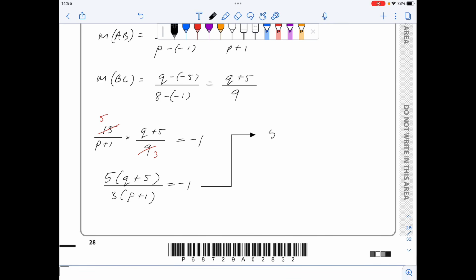Cross multiply, so 5Q plus 5 is equal to minus 3(P plus 1). Let's expand. 5Q plus 25 is equal to minus 3P minus 3. I'll take P and Q on the same side, so 3P plus 5Q is equal to minus 28, and that's the second equation.